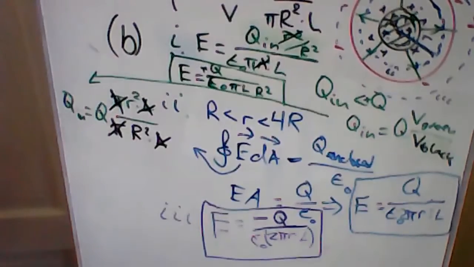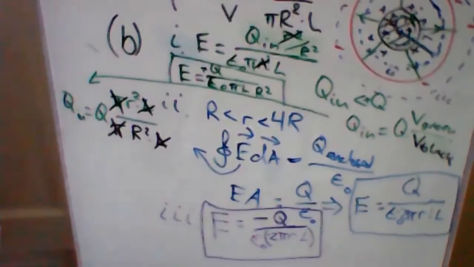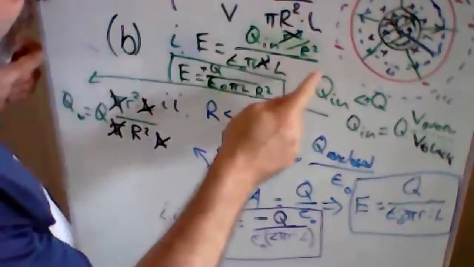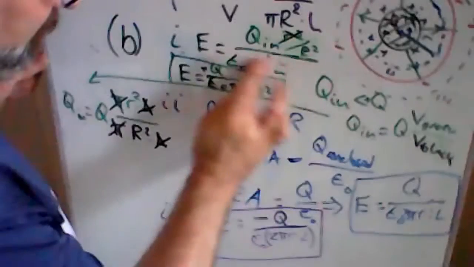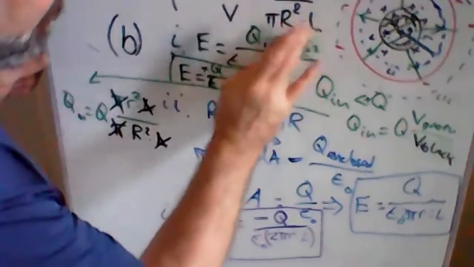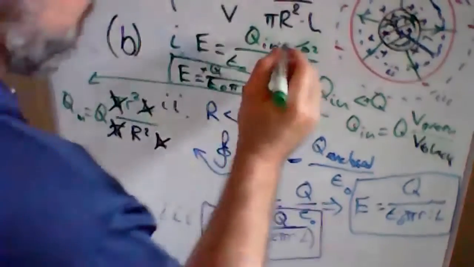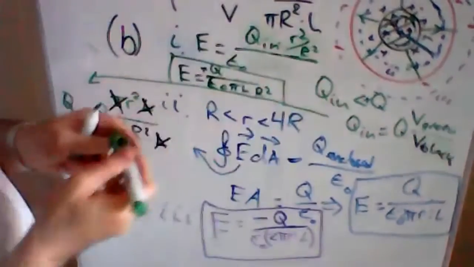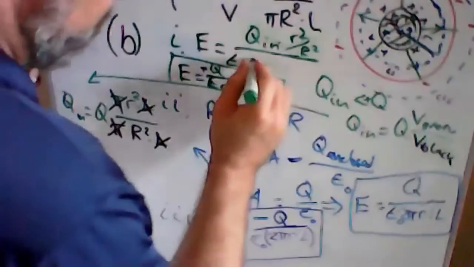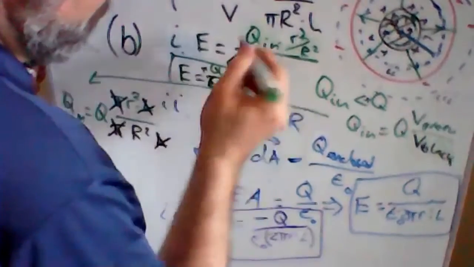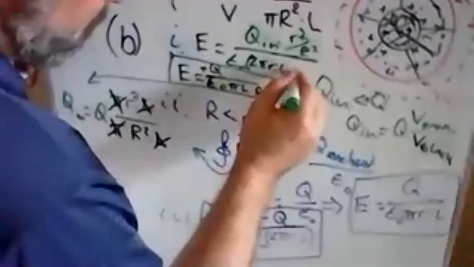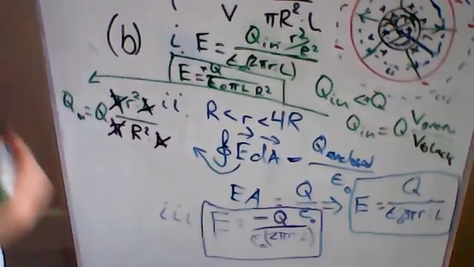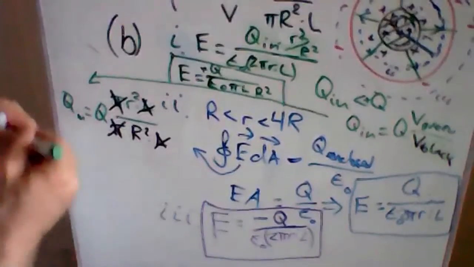Over here, same thing. So we have Qn r squared over big R squared, and down here this changes, and now it does not cancel out that way. That did seem strange. That did kind of geek me out, and then I was pretending it made sense. I was trying to make sense of it, but it didn't. So here we go. 2 pi r times L, and now one of the r's cancels.